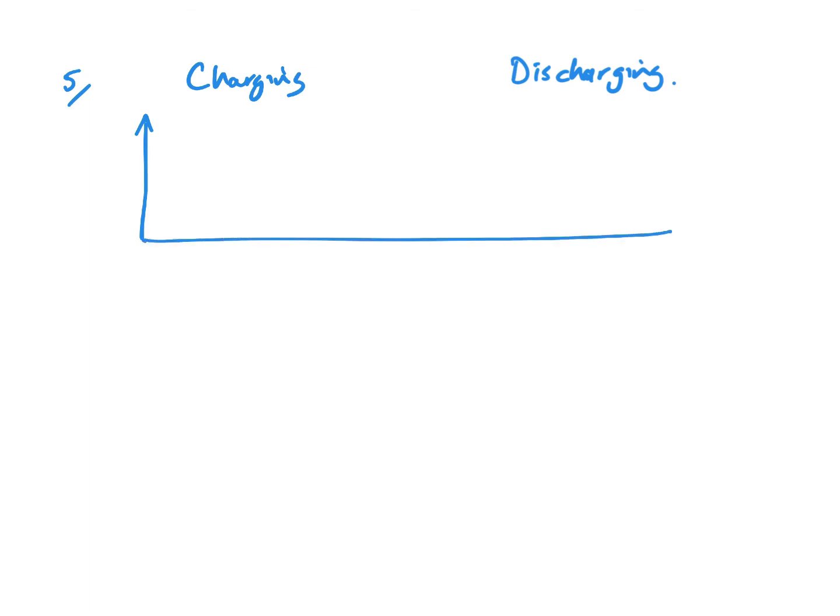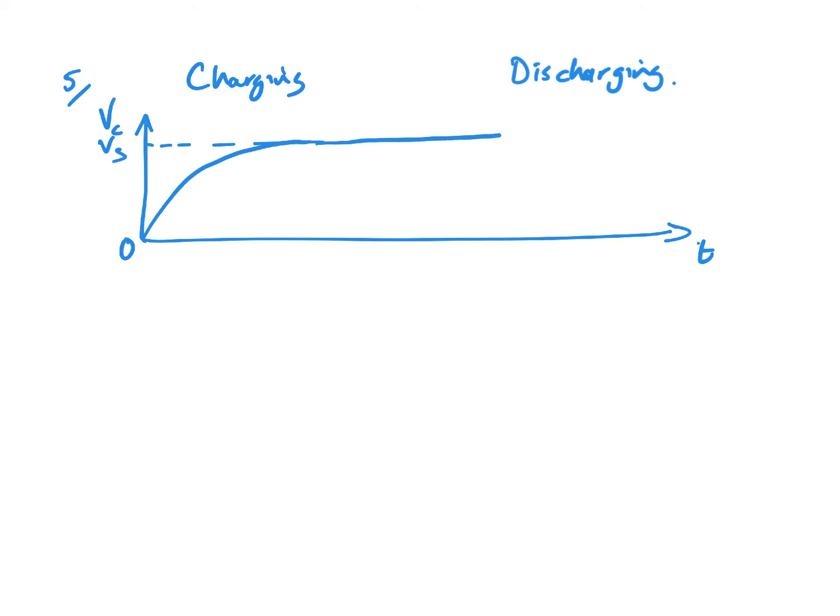Okay, so first of all, when we're looking at charging, we'll display the graphs together for both charging and discharging. I'll try and just display these as one big graph. If we're looking at the voltage across a capacitor versus time, then it builds up and then flattens out at the supply voltage.